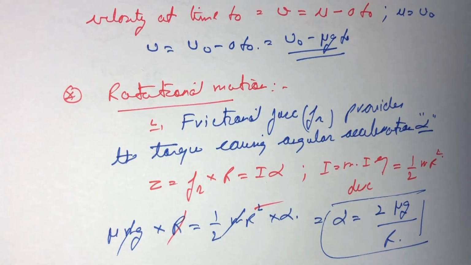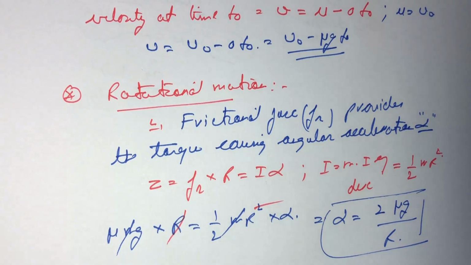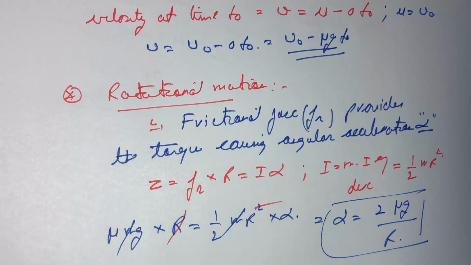Next, we can also find out our angular velocity. In case of angular velocity, we know that the angular velocity omega is equal to alpha multiplied by t naught. So substituting value of alpha, we can find out our angular velocity.